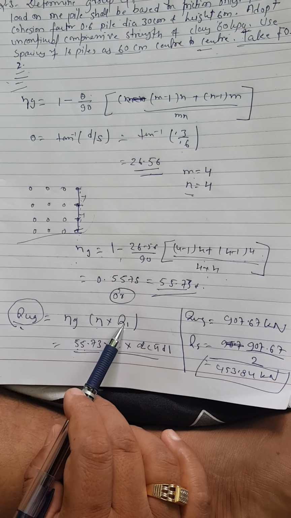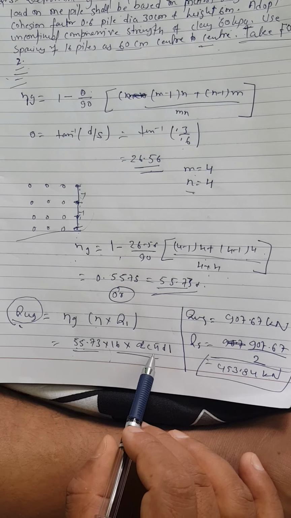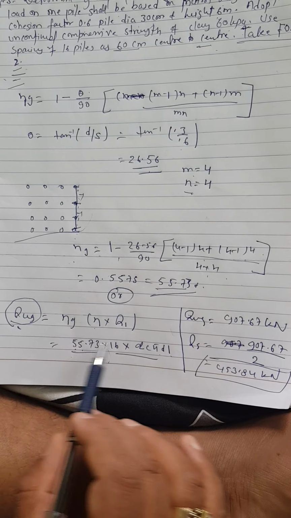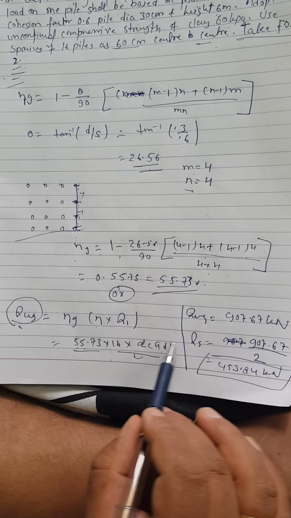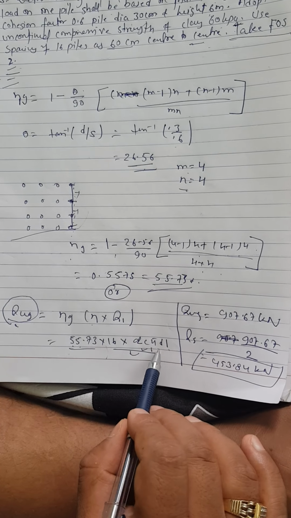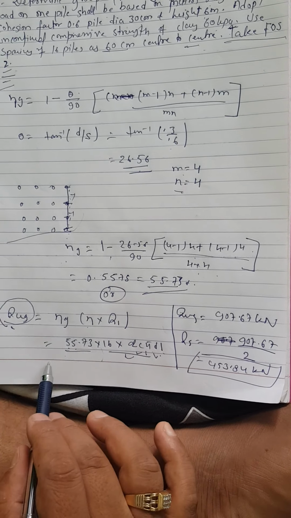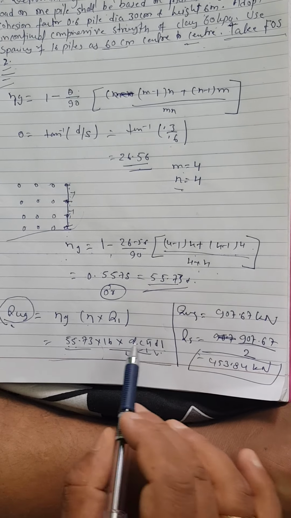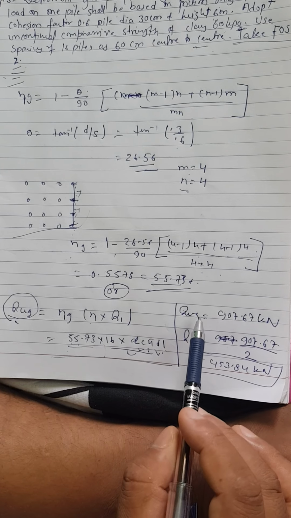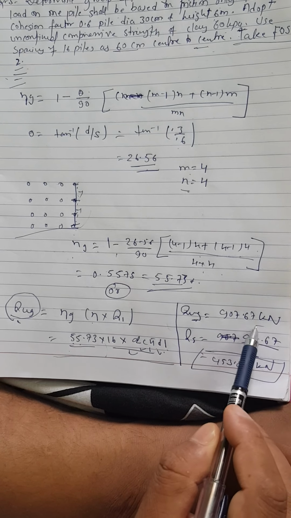The value of Q1 for a single pile is alpha into C into pi into D into L. After putting the value of alpha, the value of C as 0.6, the value of pi, diameter and the length, by putting all these values, we will find the value of gross Qug. The Qug will be equal to 907.67 kilonewton.